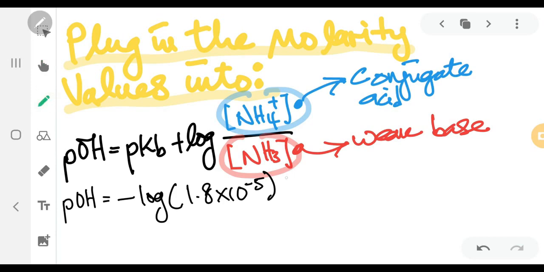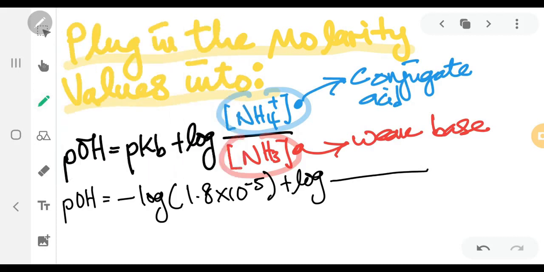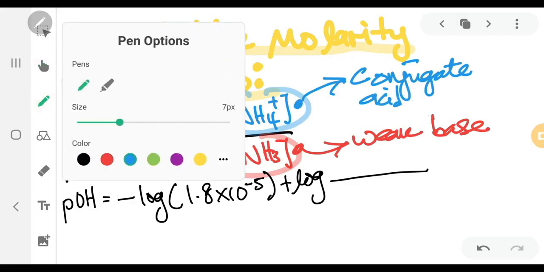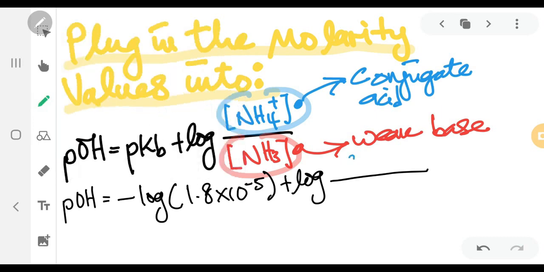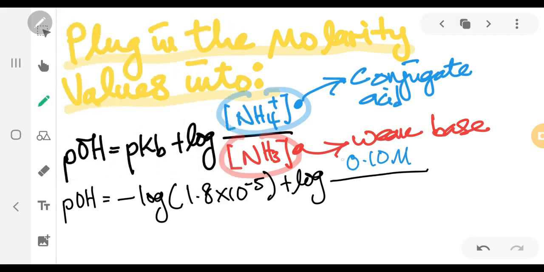And plus log, so the conjugate acid, the molarity is about 0.10 molar, and for the weak base we have 0.05 molar.